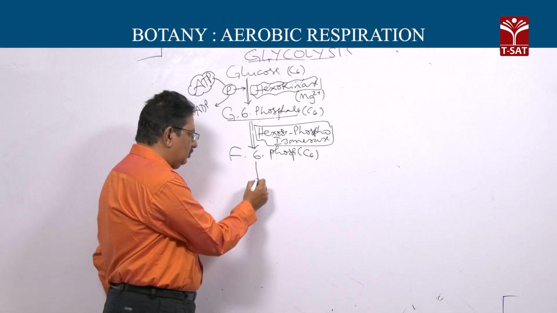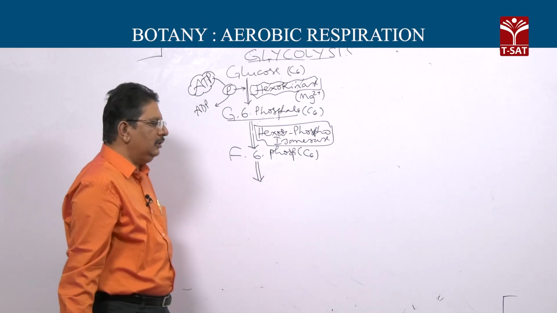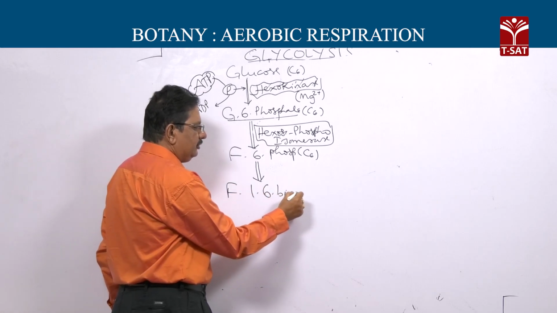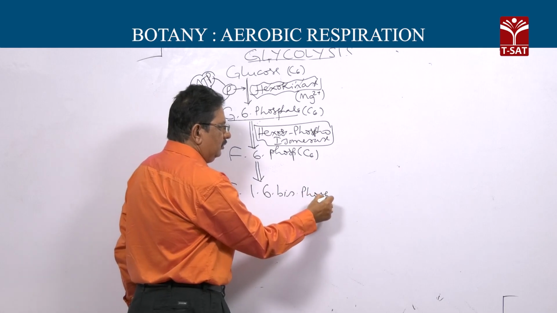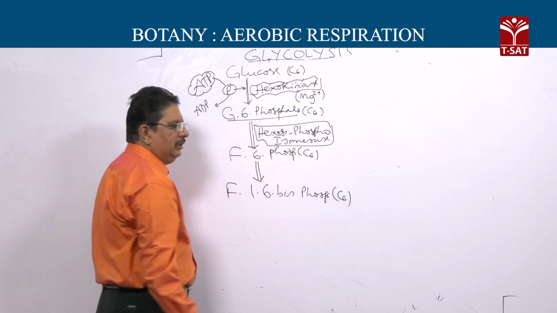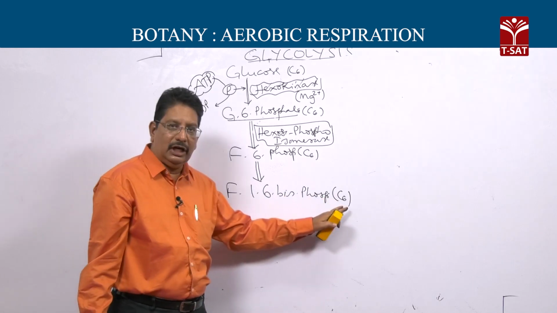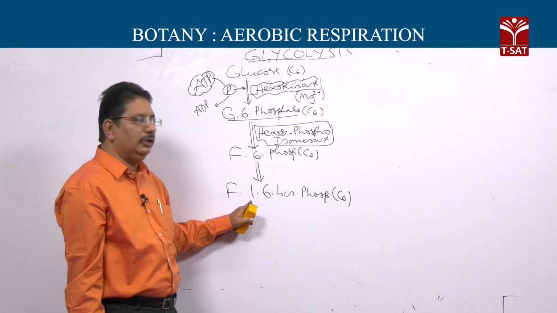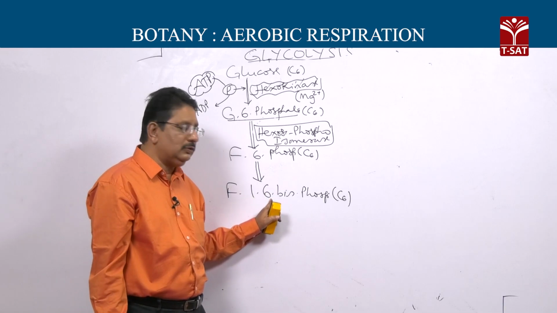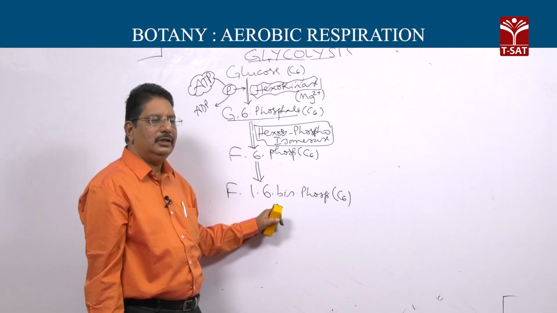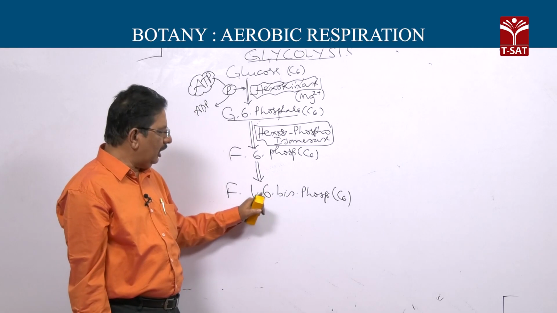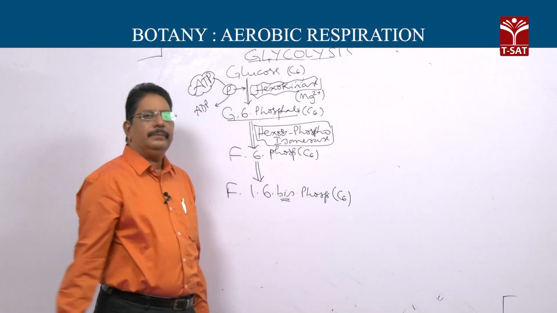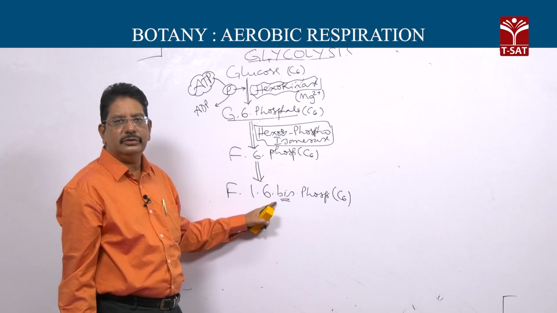This fructose 6-phosphate is converted into fructose 1,6-bisphosphate. So, another intermediate is formed with 6 carbons and 2 phosphates. One phosphate is at the first carbon of this skeleton, and another phosphate is at the 6th carbon. As in a compound, if phosphates are placed at 2 different places, as per the nomenclature, it should be called bis instead of di.